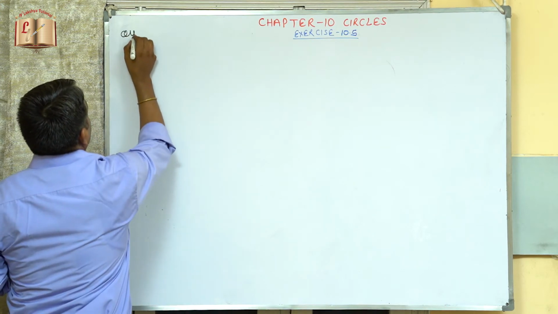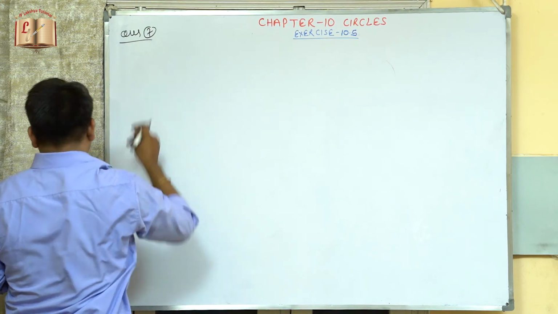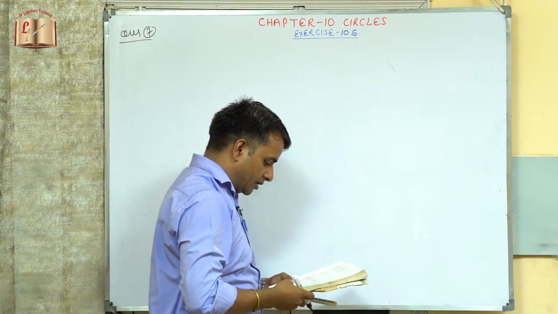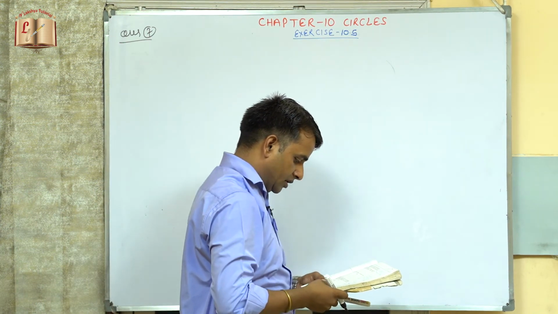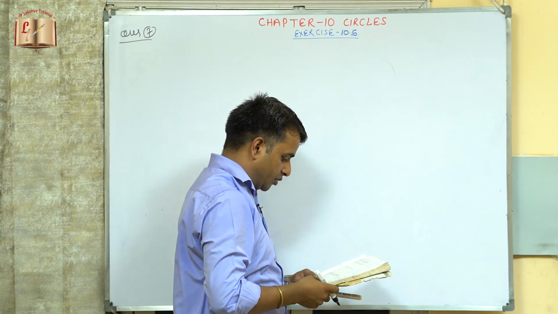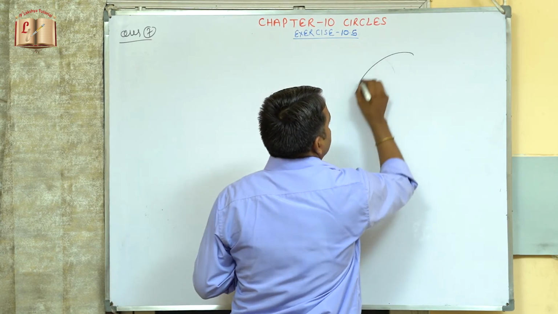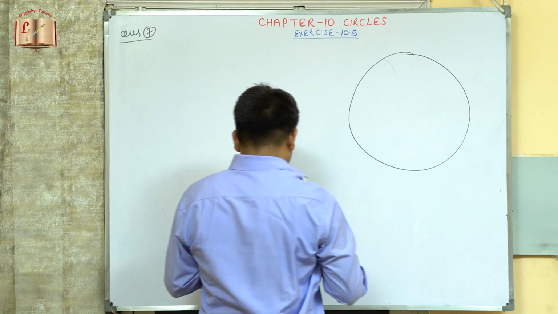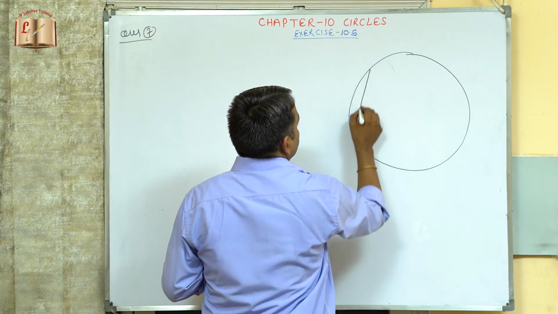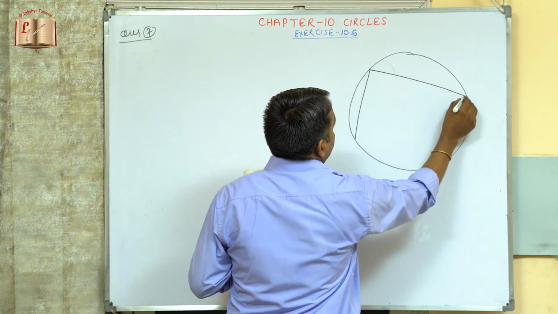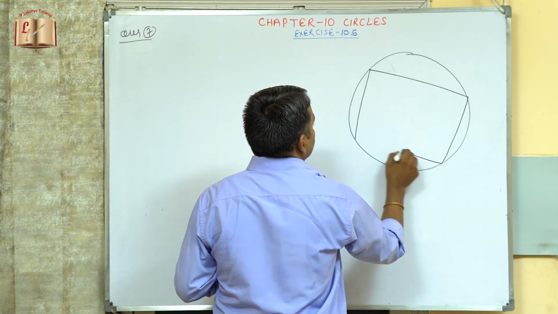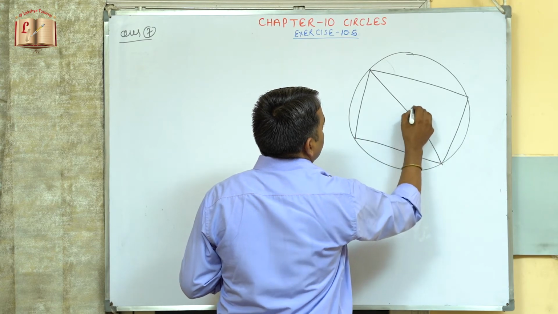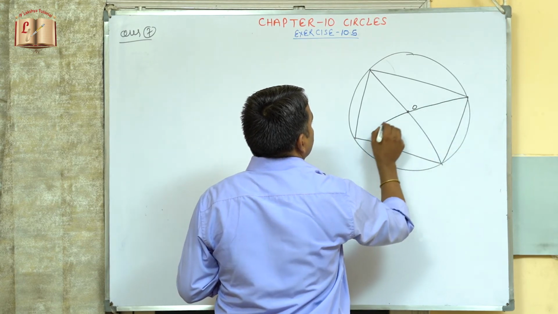So now coming to question number 7. The diagonals of a cyclic quadrilateral are the diameters of the circle through the vertices of the quadrilateral, then prove that it is a rectangle. So this is a cyclic quadrilateral now given to us, and these diagonals pass through the center of the circle.